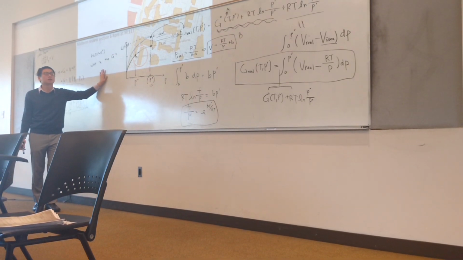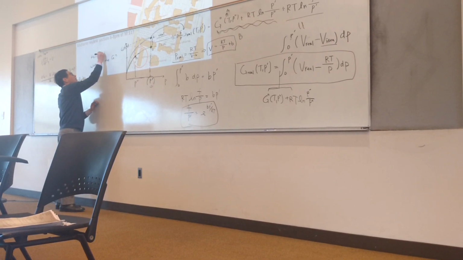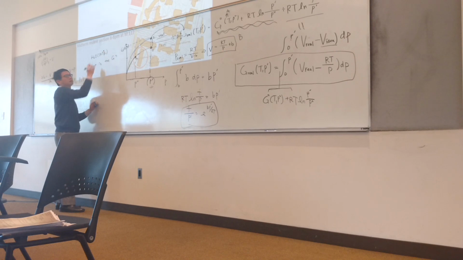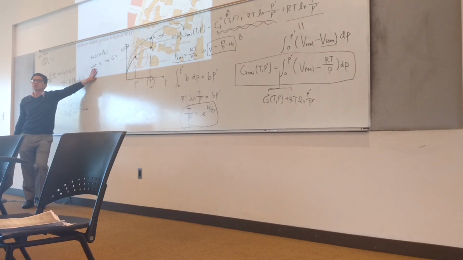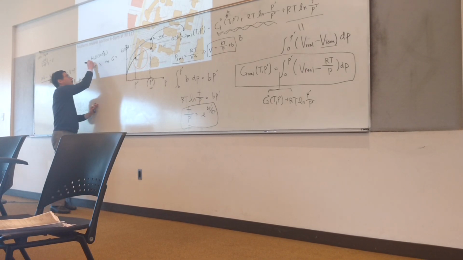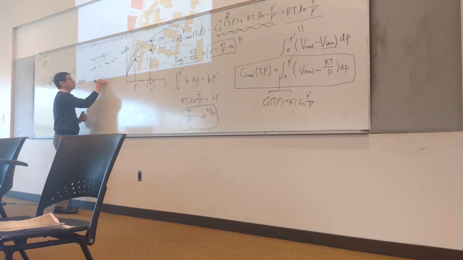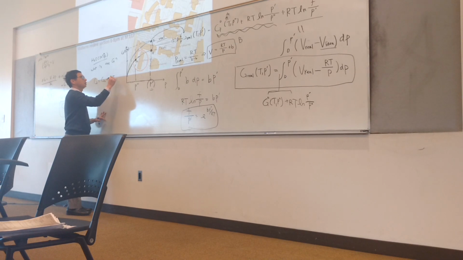If today I say you have H2O at 105 degrees C, what's the G? In this case, you know it's gas, right? So you should know that G is G naught plus RT natural log.